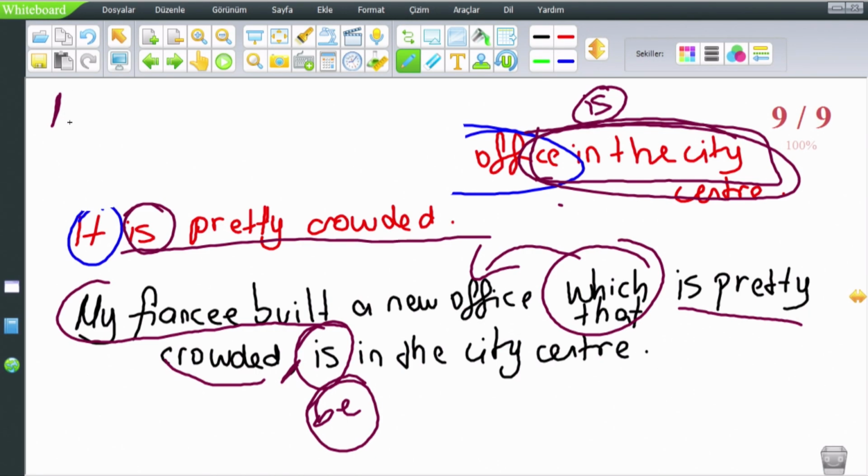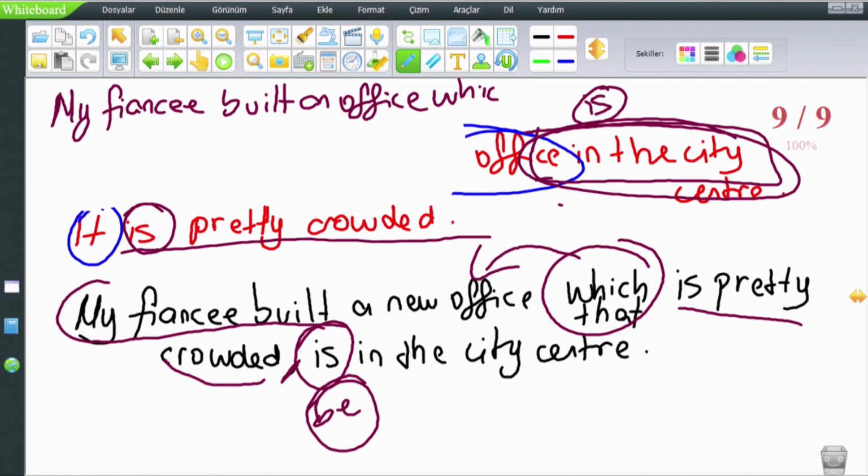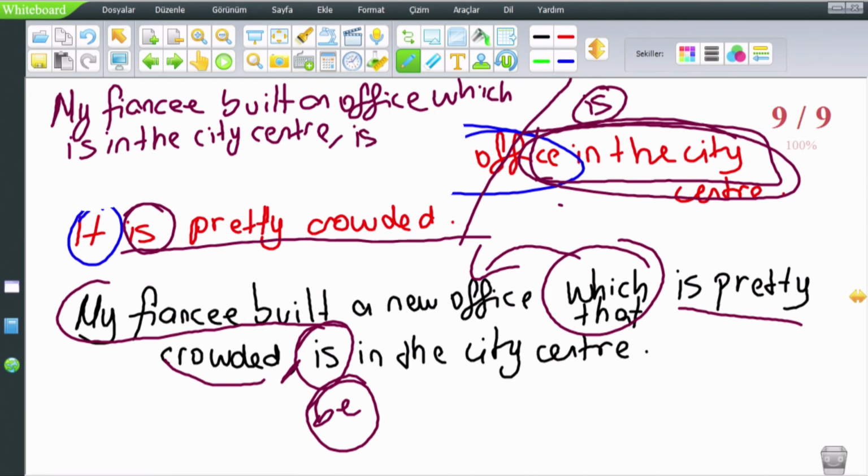My fiancé built an office which is in the city center. Then I would go on with the other sentence, is in the city center, is pretty crowded.